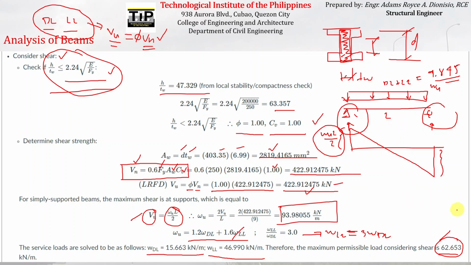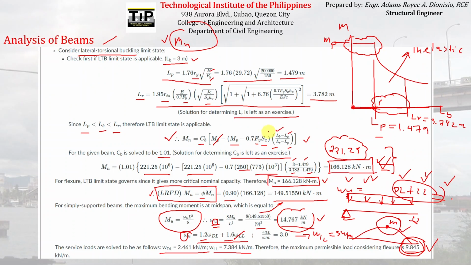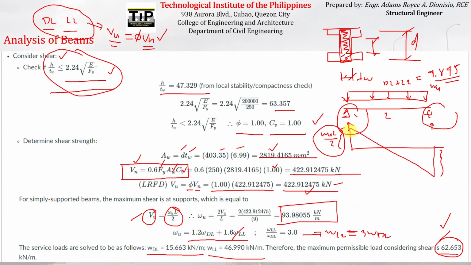Therefore, it will not actually experience a load as high as 62.653, simply because at 9.845 kilonewton per meter it has already failed in flexure, which we computed a while ago. So between the two, the more critical is obviously the lower load.